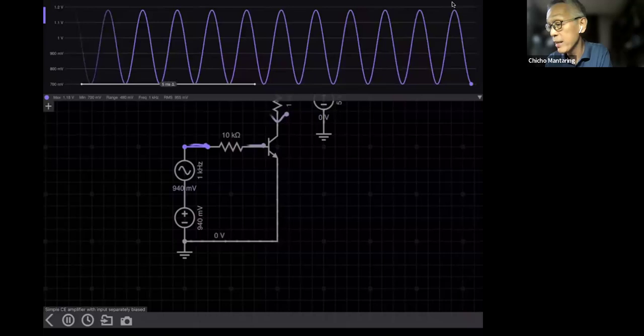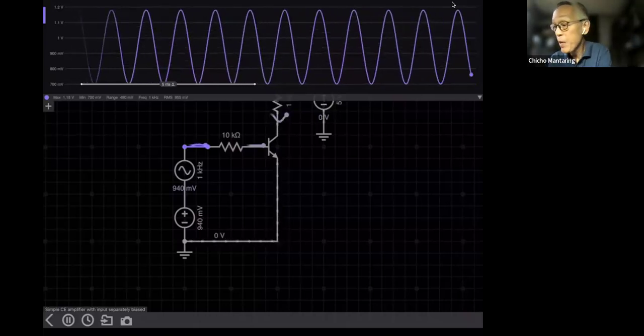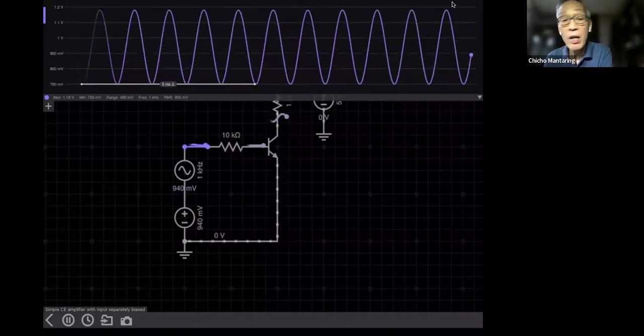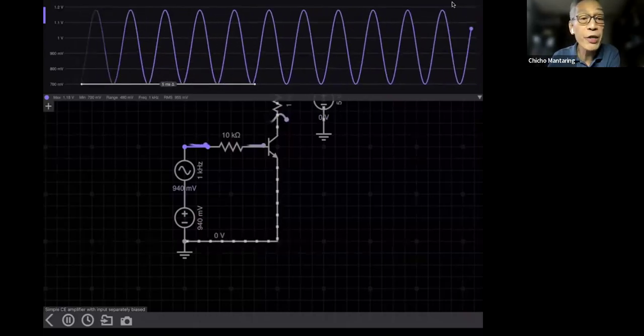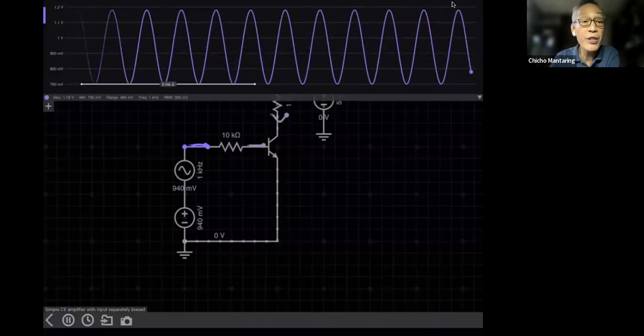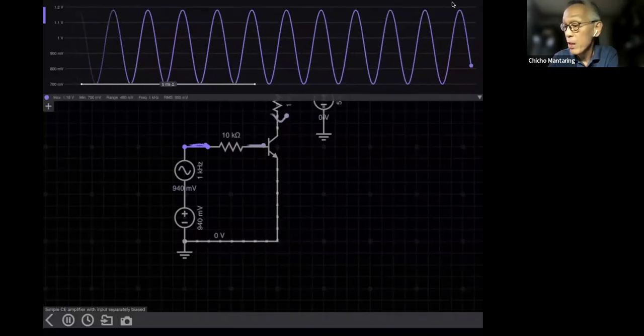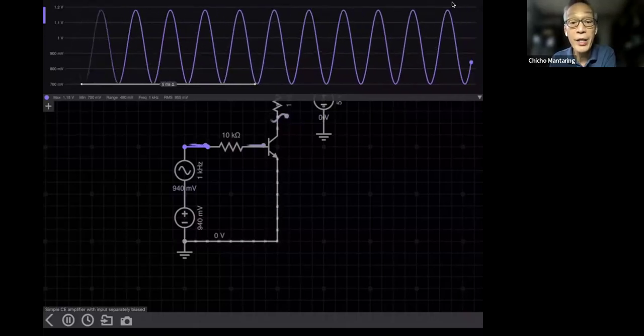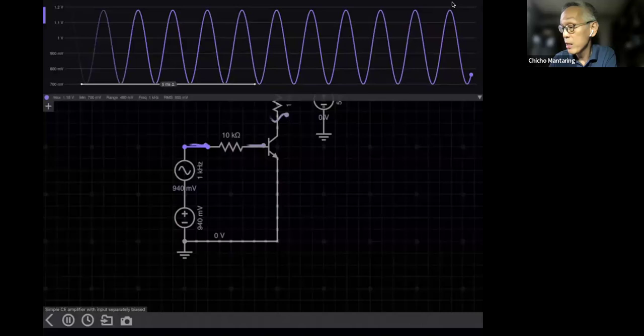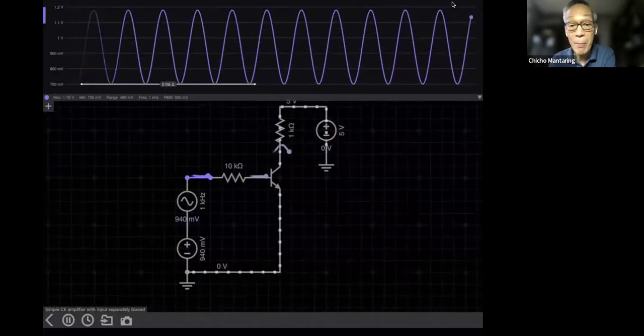Actually, it will be a little less than 1.2 volts. The peak-to-peak value will be 0.48 volts or 480 millivolts. If you can read the figures in the bar, you can see there that the peak-to-peak value is 480 millivolts.